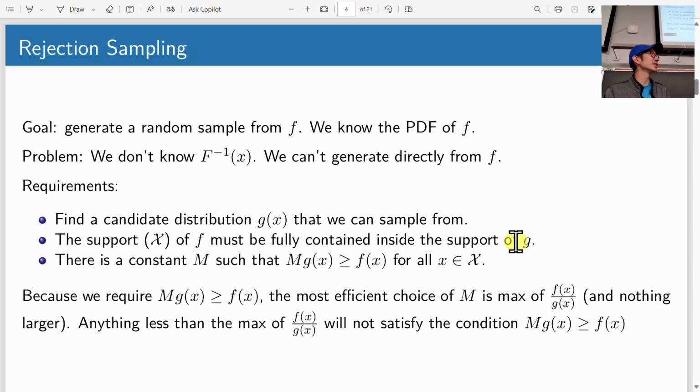Okay, so for example, let's say your target distribution is the normal distribution. The support of the normal distribution is technically negative infinity to positive infinity. And let's say you decide you're going to generate random values from the uniform distribution, and you might go from -6 to +6. And -6 to +6 will cover almost 100%.